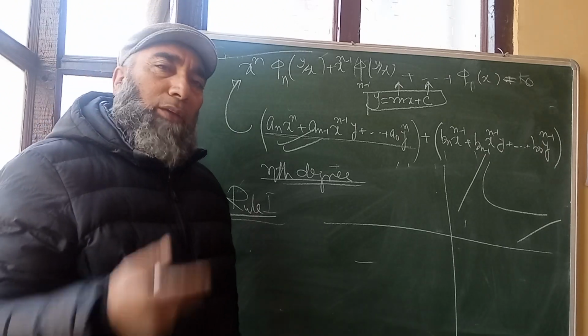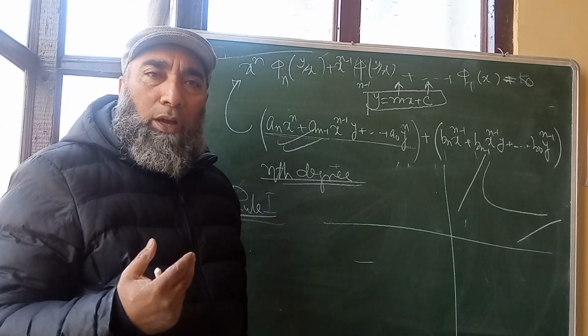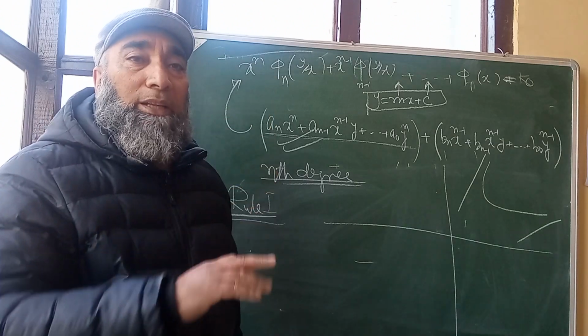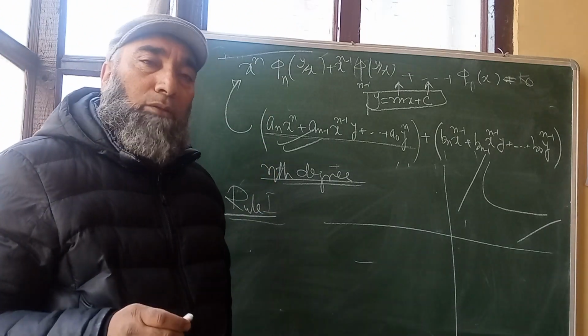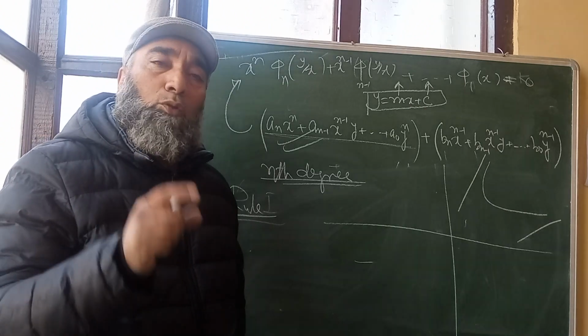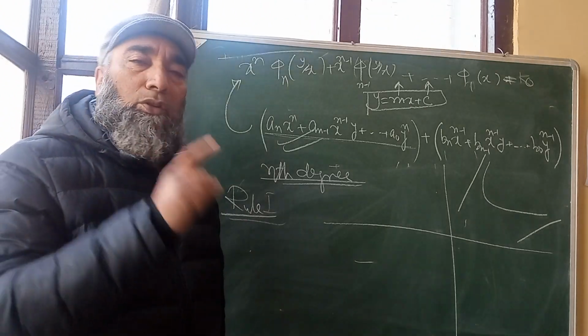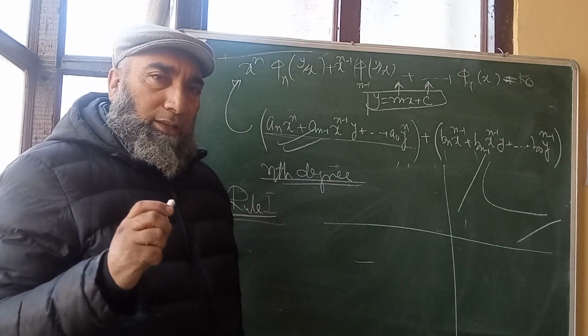But if x cube and y cube are absent, then the next powers of y and x, for example, x cube is not there, but x square is there, then the coefficient of that term when equated to 0 gives us an asymptote parallel to the x-axis. Similarly, the coefficient of y square when equated to 0 gives us an asymptote parallel to the y-axis.